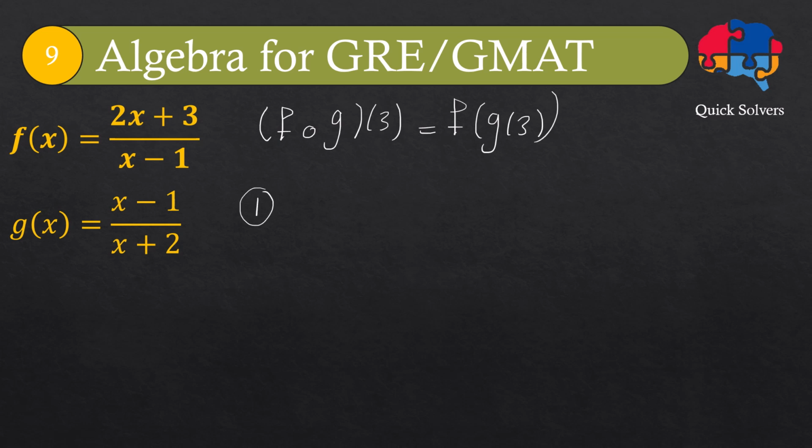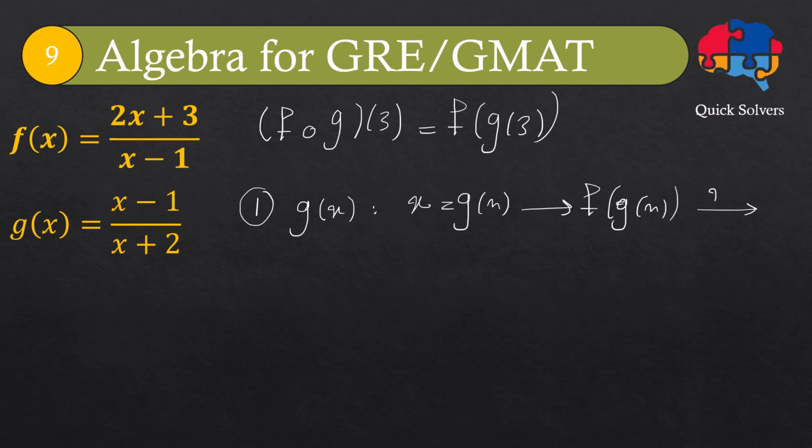One approach is to find g of x, and then wherever we have x in f, we replace x by g of x. Then we can find f of g of x, and then we replace x by 3, and we have f of g of 3. So this is one solution.